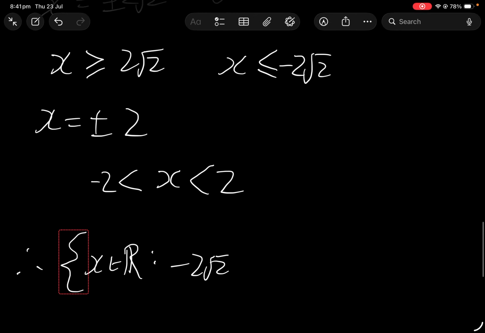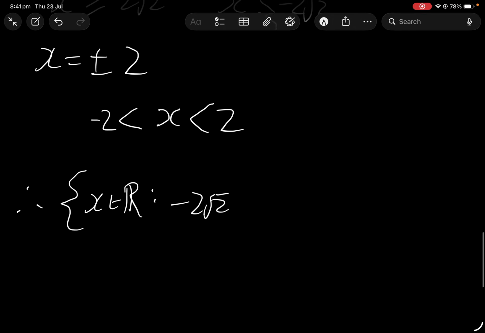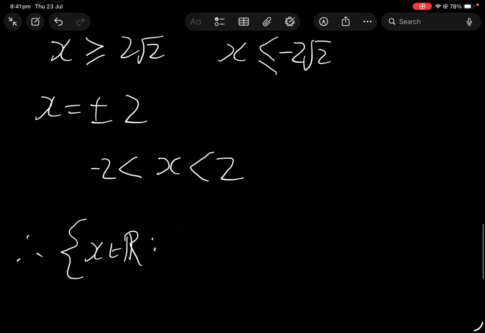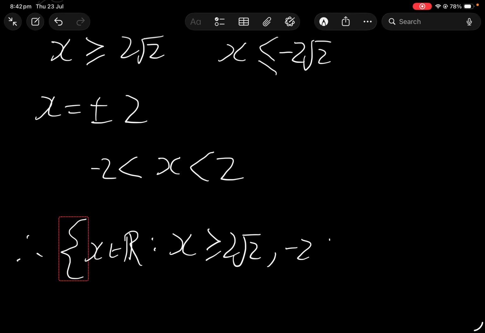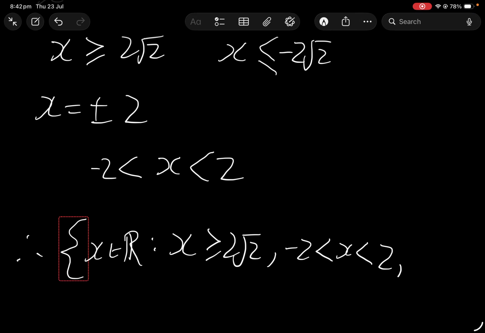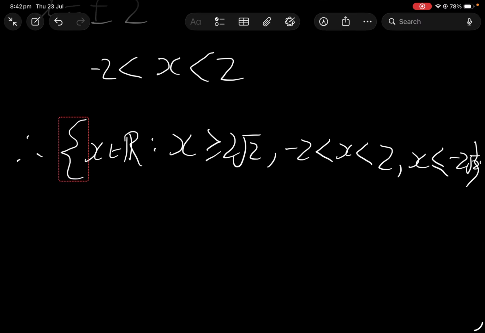Okay, you know what? I'll just do it in any order. x has to be bigger or equal to 2 square root 2, or in between -2 and 2, or it can be smaller than or equal to -2 square root 2. I don't have enough space. Alright, that's good enough. That should be it for solving the inequality.